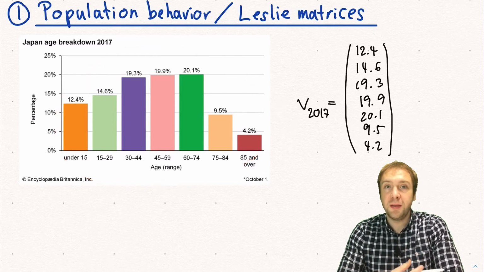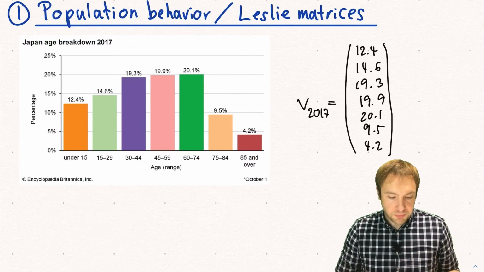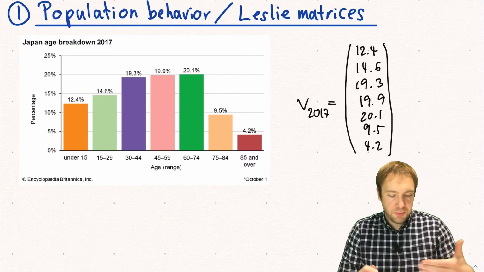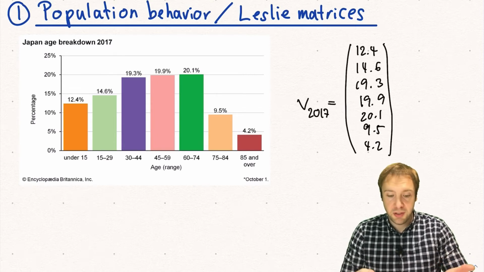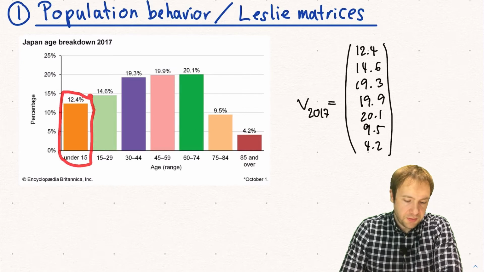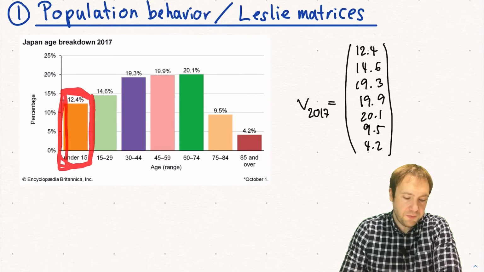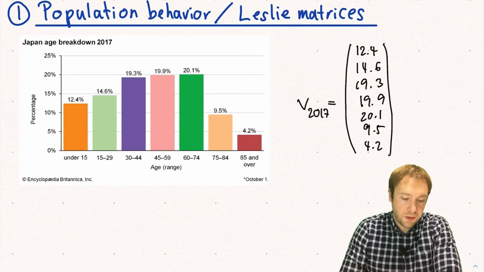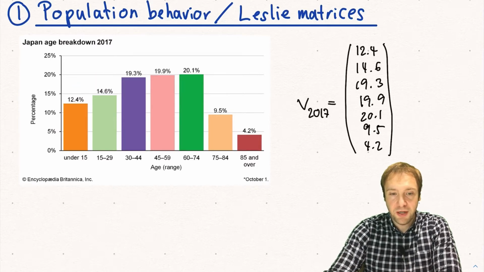And of course we need some further input. We need to know how these age groups interact with each other. So for example, we need to know from the people in this age group, younger than 15, after 15 years, how many of them will survive. So we need to have some survival rate.